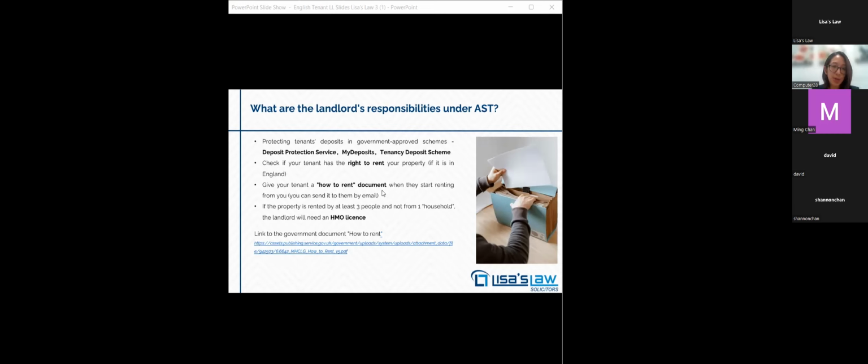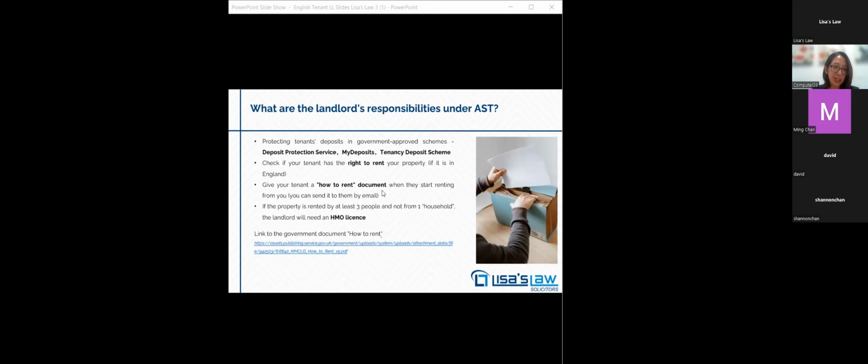The landlord must also send you a document called How to Rent. And the landlord will have to carry out checks on the tenant to see if you have the right to rent.